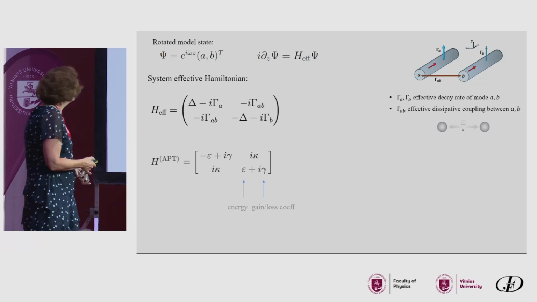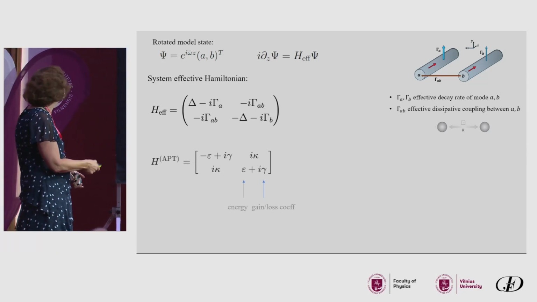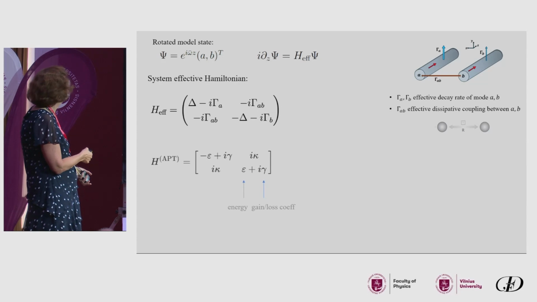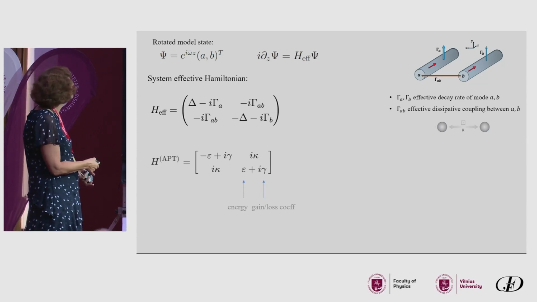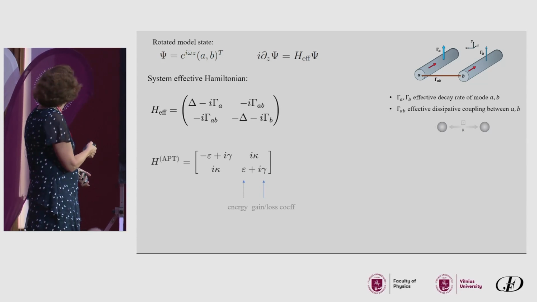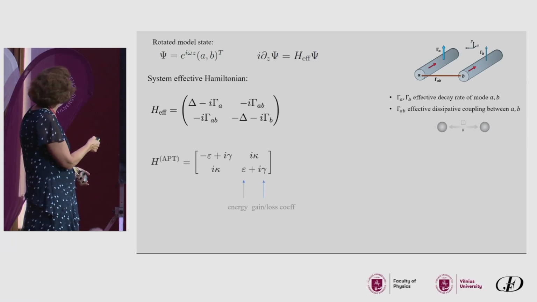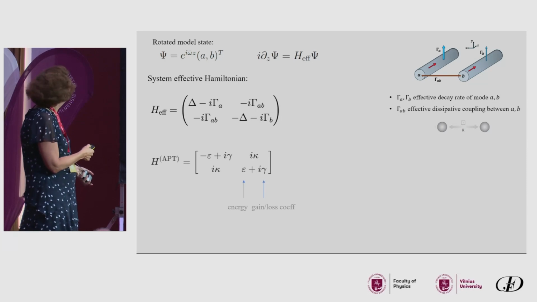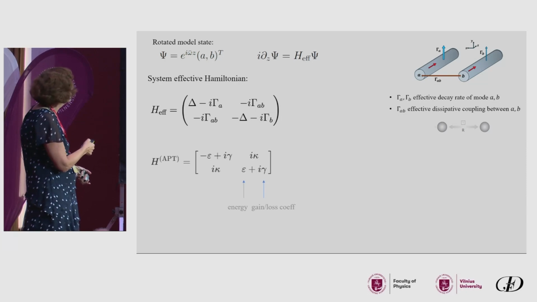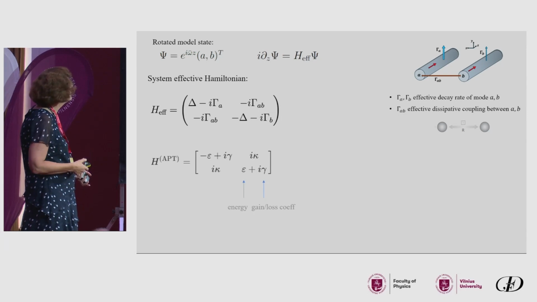And if I look at the genuine anti-PT Hamiltonian, you see that it resembles the structure very nicely. What we have here are again the energies, and they should have different sign. And we have imaginary couplings. So in this Hamiltonian, this is effectively your complex energies, and this is effectively your coupling constants. So you see it's resembling very nicely.